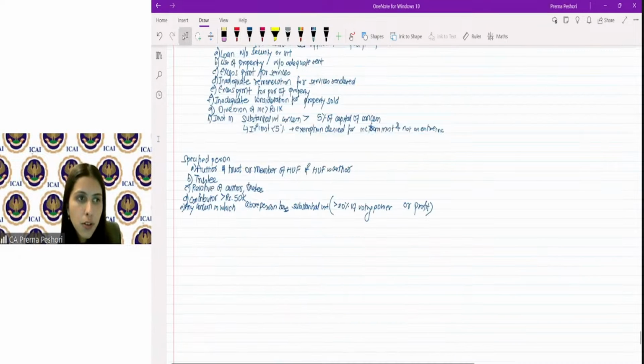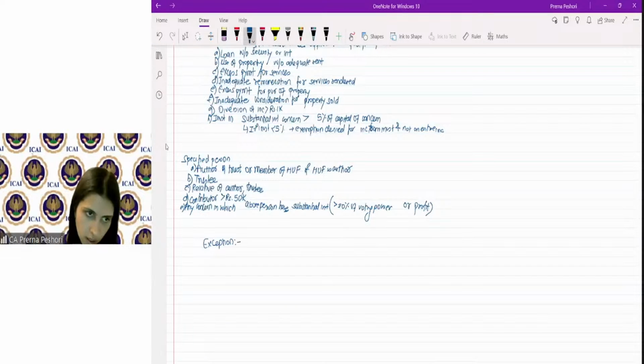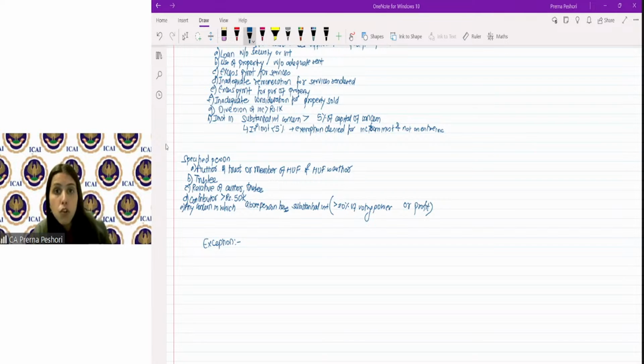Further, there is an exception over here. What is the exception? The exception is that exemption will not be denied if educational or medical facilities are provided to the specified person. So if the charitable or religious trust is running an educational institution or medical institution or a hospital, and let's say a specified person comes for treatment or for education, then if the services are not provided free of cost or at concessional rate, the exemption will not be denied. So that's an exception.